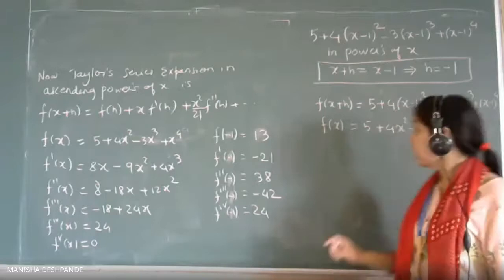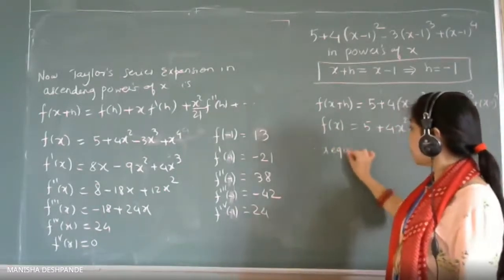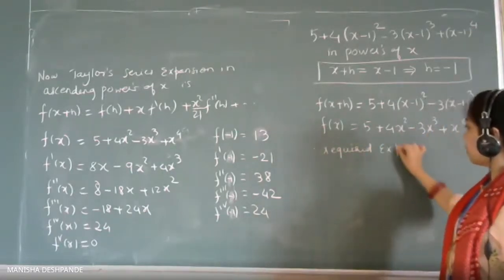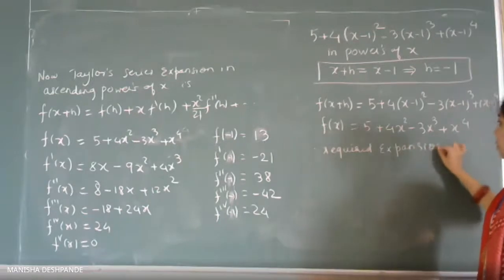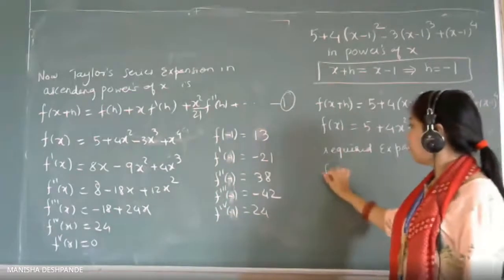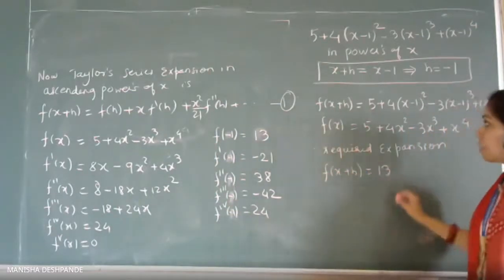And therefore, the final answer will be, the required expansion is obtained by substituting the values in 1, and hence f of x plus h is equal to 13 minus 21x plus 19x square minus 7x cube plus x raised to 4.